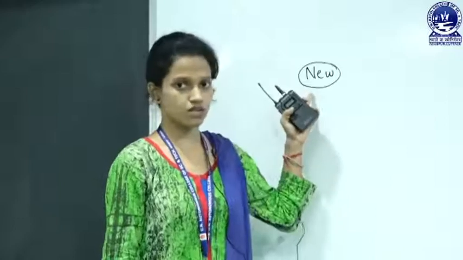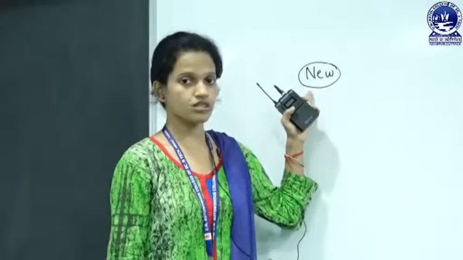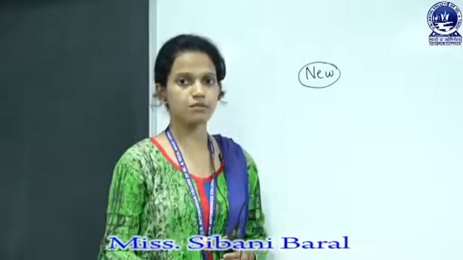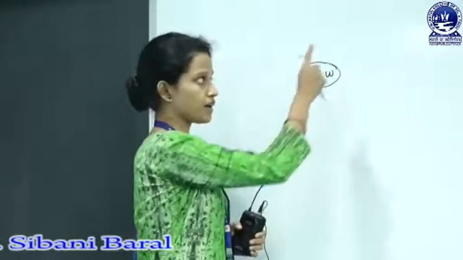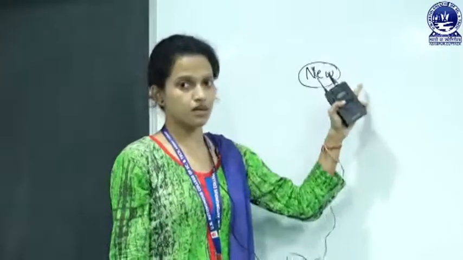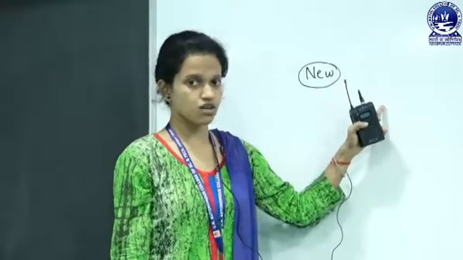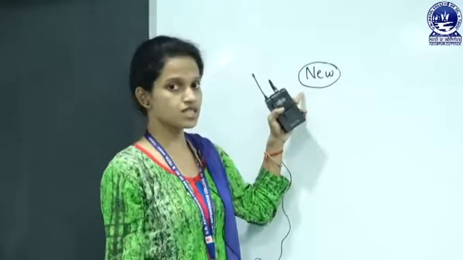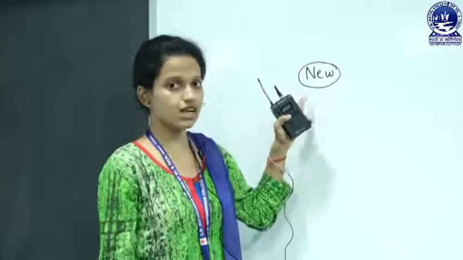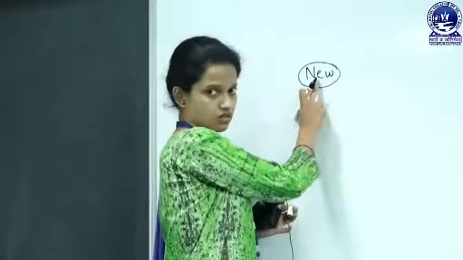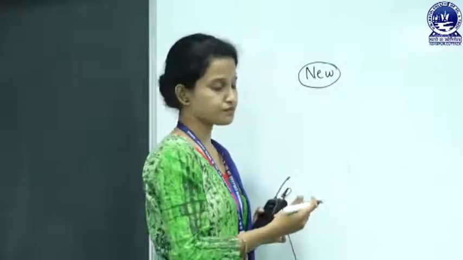In the new state, you can say it is a program in secondary memory, which will be picked by the operating system and put into the main memory. It is a program which is about to be created, but has not been created yet.